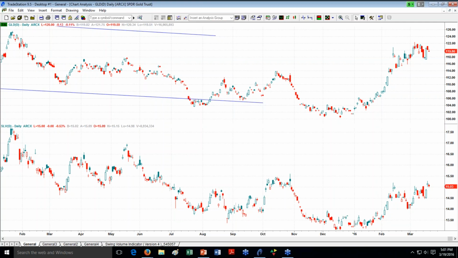When you combine these two biases, the structural bias and the swing bias, this is where you're going to get the best result. So you always want to go with the trend or with the bias. If you do this consistently as your homework before the session starts, then everything is easy. You're just looking for the reversals in the direction of that bias, near the supports or resistance, and off you go.